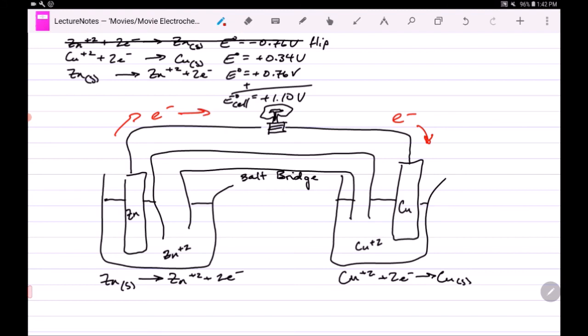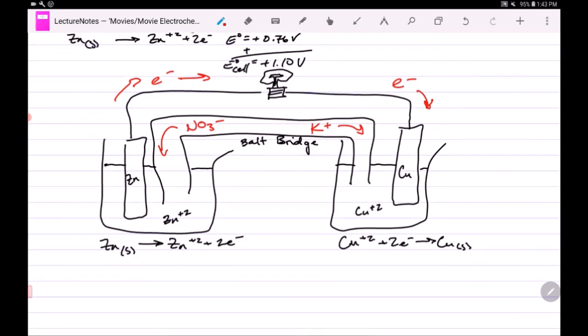So the electrons are going to travel to the right. And if the electrons travel to the right, then the right side is becoming more negative. So the negatives need to go somewhere to maintain charge neutrality. So the anions will be traveling to the left. And if the spectator anions travel to the left, then the spectator cations will travel to the right.